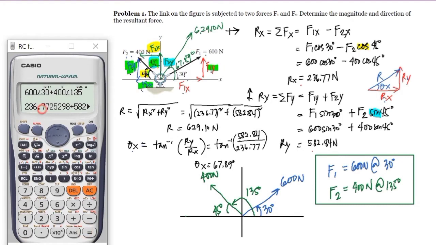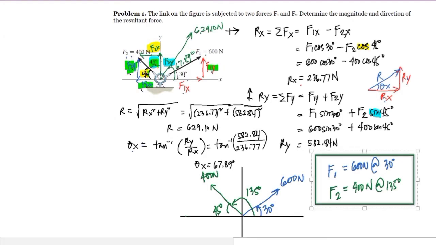This 236.77 is your x component, the 236.77 na nasa calculator.